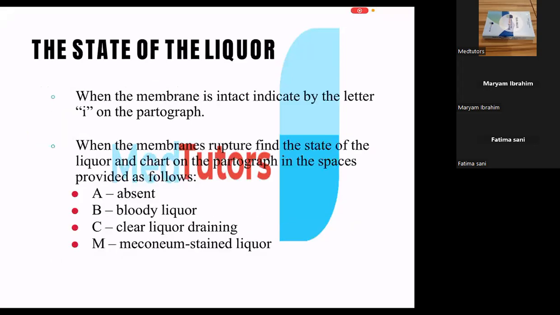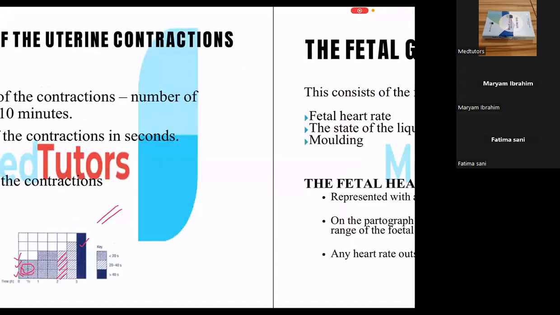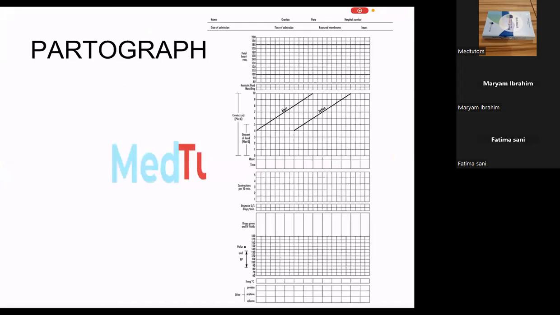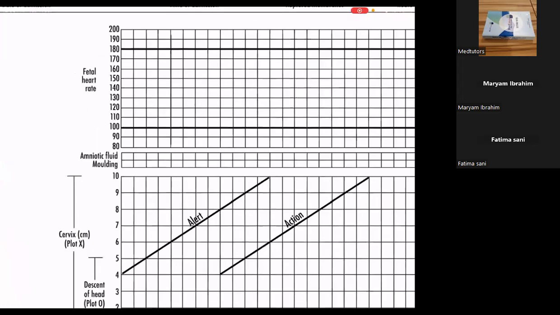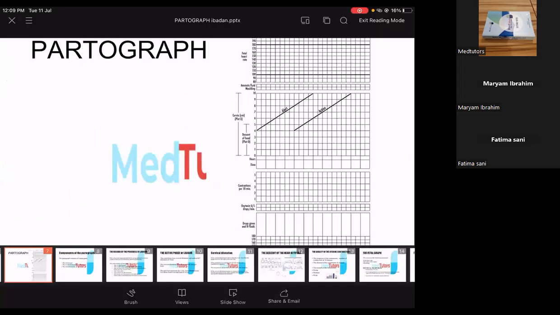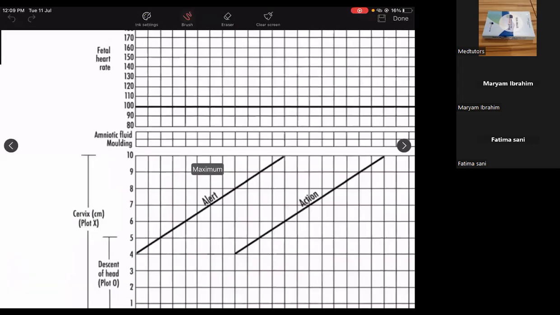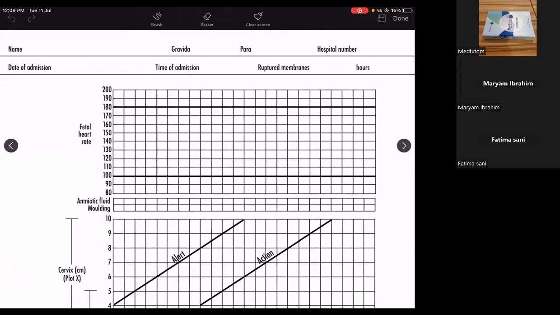Then the state of the liquor. So once you do the vaginal examination, you should be able to indicate whether the membranes are intact. If the membranes are intact, then you denote it on the partograph with an I, meaning membranes intact. And this is where you plot your amniotic fluid findings.